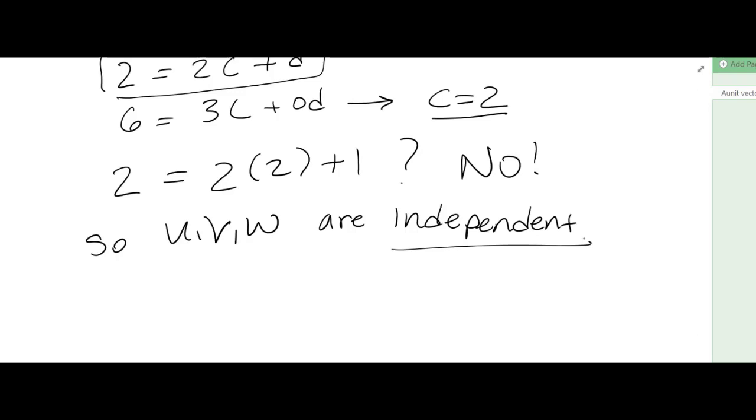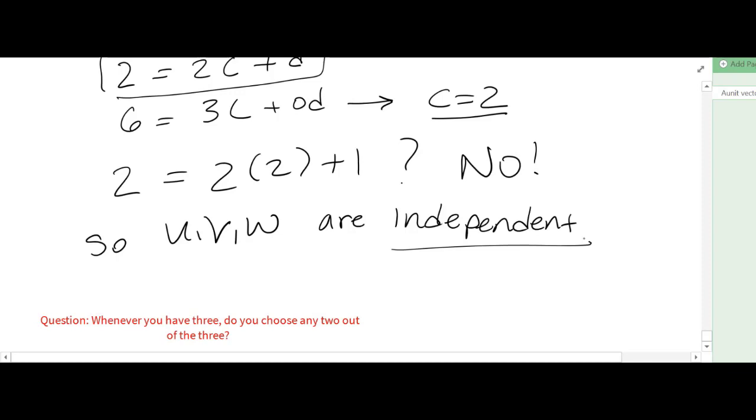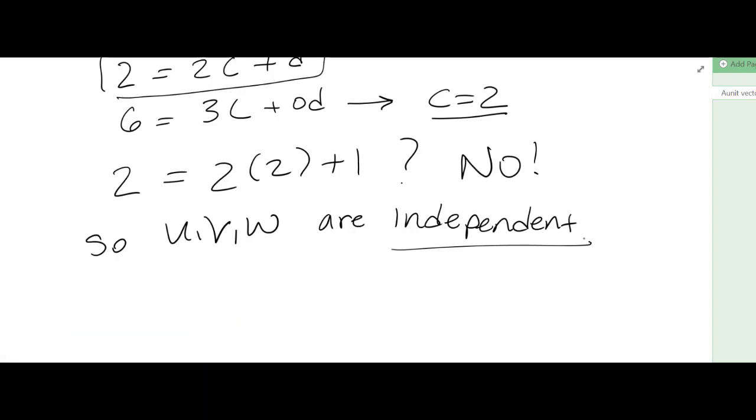Any questions about those concepts or the process? Yeah, it doesn't matter which one you pick, try to express it as a linear combination of the others.